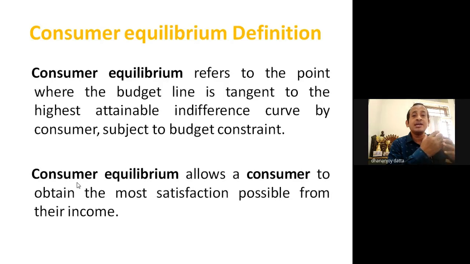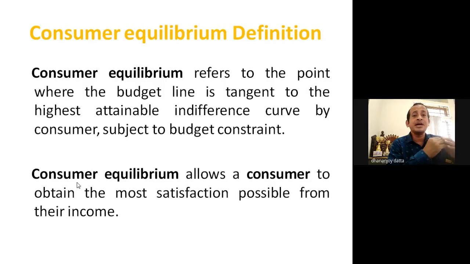What I said, I am repeating again. Consumer equilibrium refers to the point where the budget line is tangent. Tangent means touch, or come to a single point, or match with each other, to the highest attainable indifference curve.